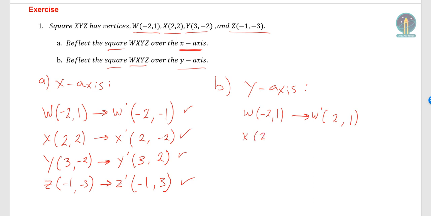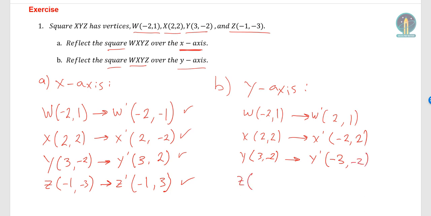X with point (2, 2) becomes X prime with point (-2, 2). Y with point (3, -2) becomes Y prime with point (-3, -2).